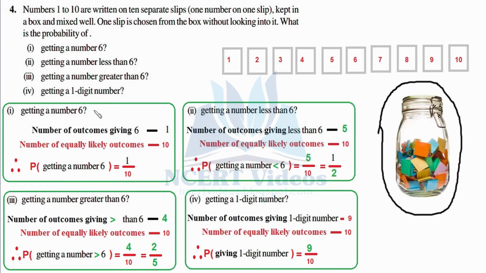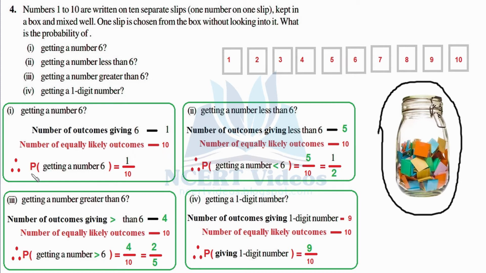We wrote getting a number 6. Number of outcomes giving 6. Well, how many 6s we have in these 10 chits? Well, we have only one 6. So we write 1. Now, number of equally likely outcomes. Well, this will always remain the same because we can pick any out of these 10 chits. Therefore, total possible equally likely outcomes are 10. Therefore, what is the probability?